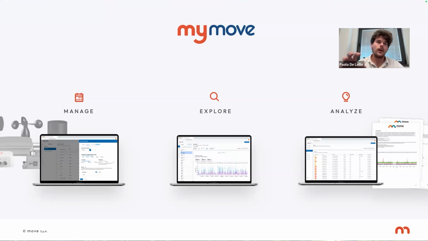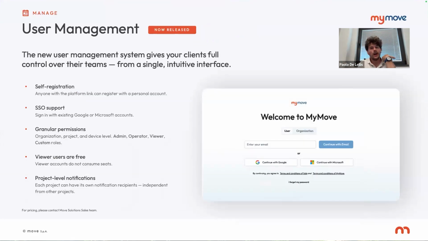To do this, over time we developed the structure in different layers. For example, one of the last releases that we did in these days is user management. So the platform now has an organization that you can access directly.